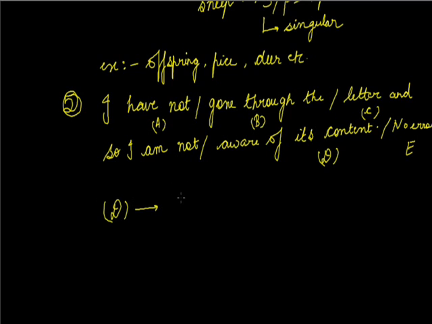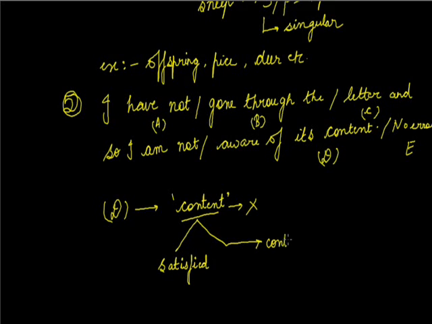In part D, the word content. This can't be used here in the sentence. If content is a word, it means satisfaction or satisfied. Content means satisfied. But if it takes the term contents, we can use it in the terms of contents of a letter, story, application, and something like that.